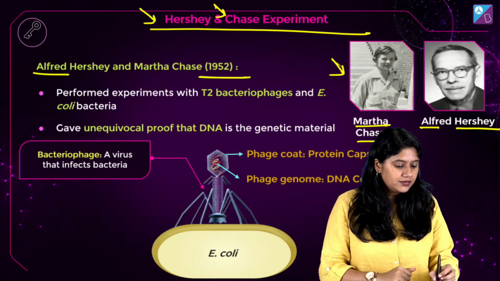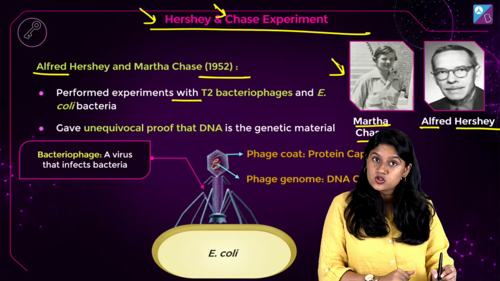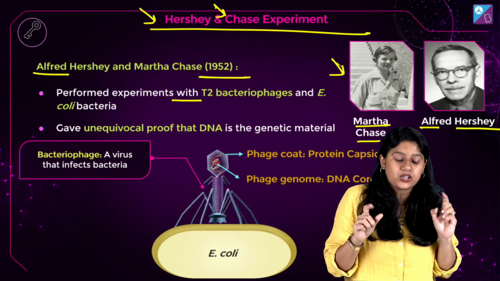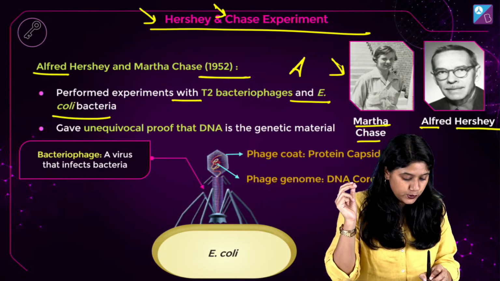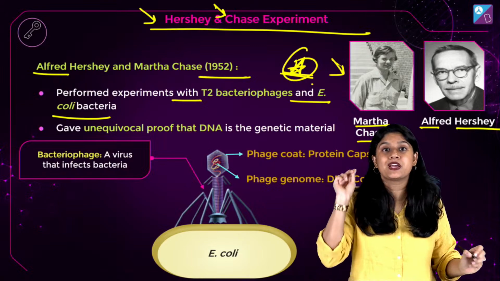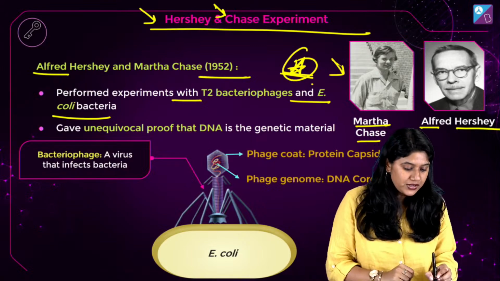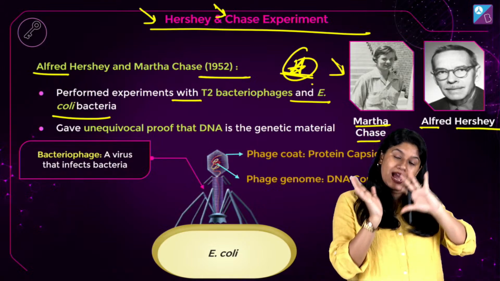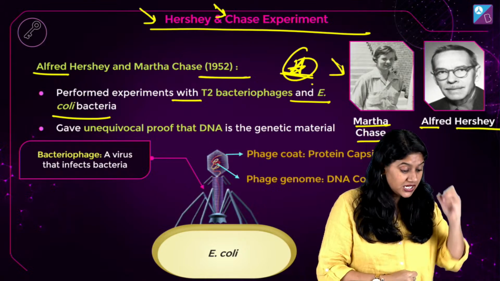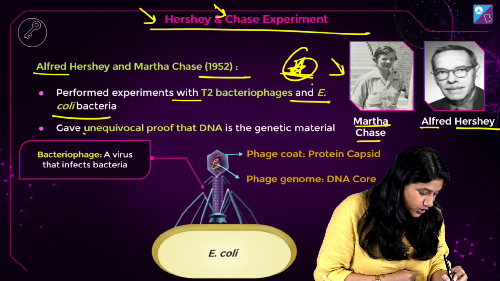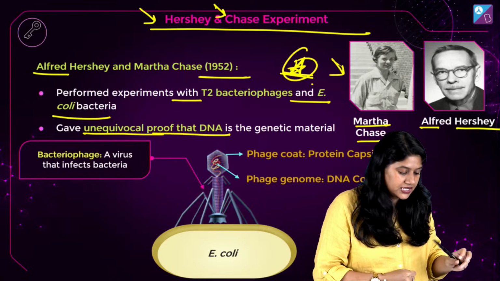So what they did, they performed the experiment with T2 bacteriophages along with E. coli. Two important organisms name that we have in this particular experiment, everyone. Please make sure you remember that. Right? So we have T2 bacteriophages and we have the E. coli.